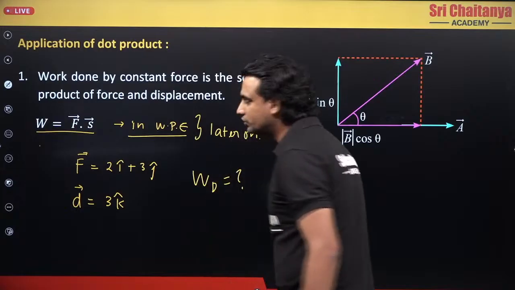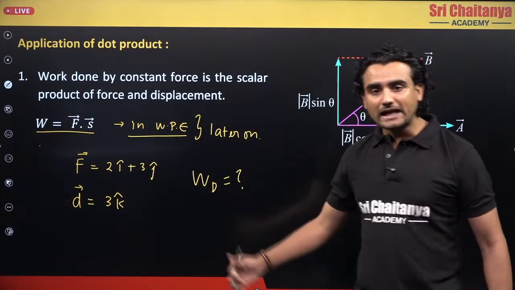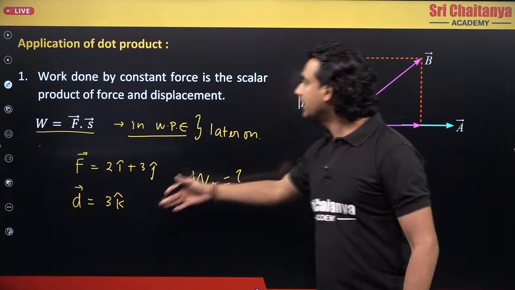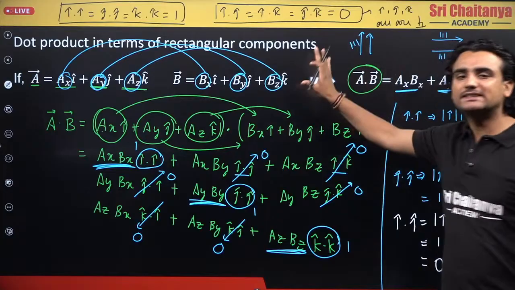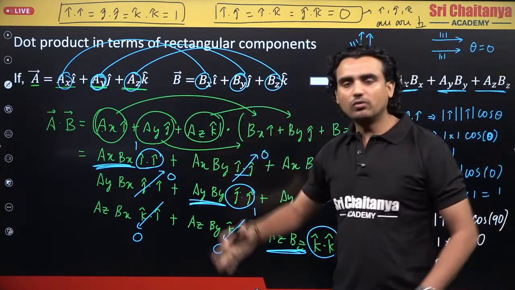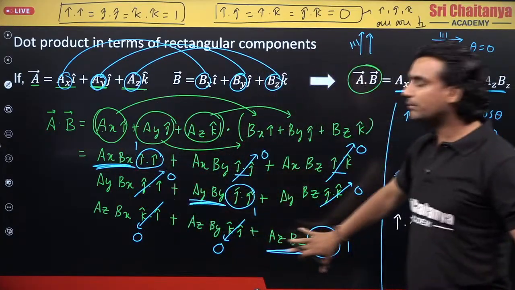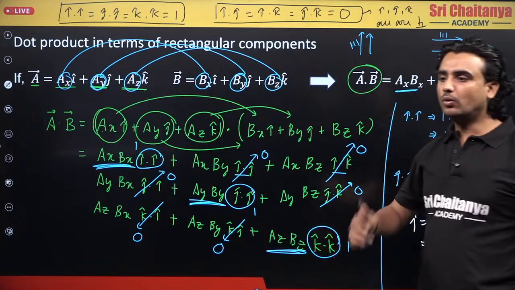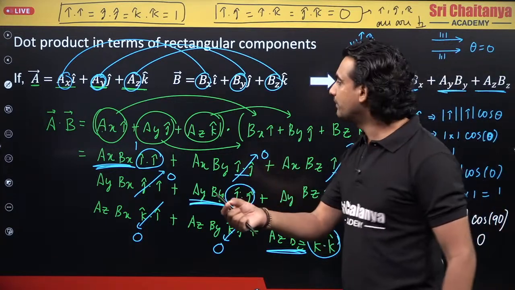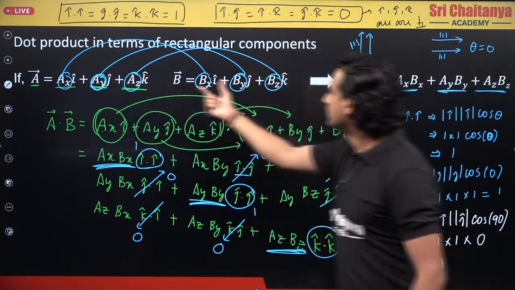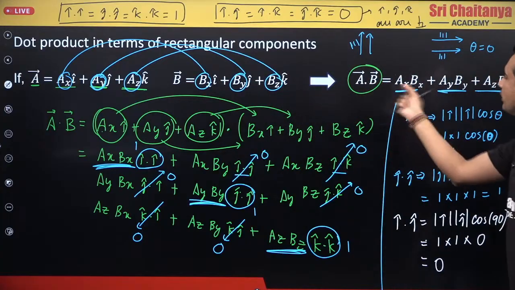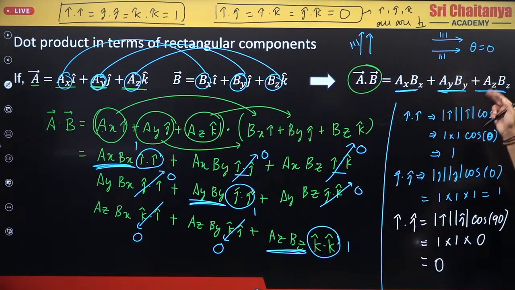Let's say this is the question. At that time, you should be able to perform this. I don't want you to remember everything. If you're not able to remember this, no problem, but the only thing you have to remember is this dot product: a dot b is ax bx plus ay by plus az bz.